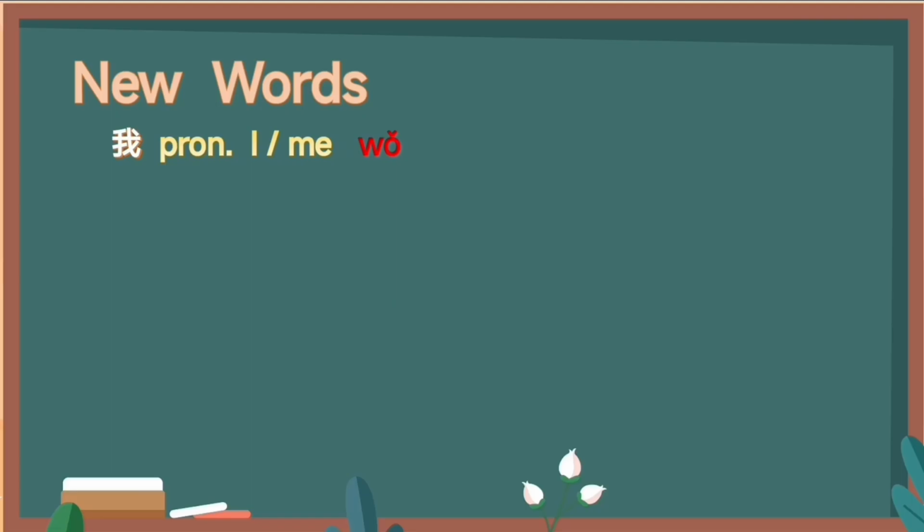我 I or me. As there is no different form in personal pronouns, whether they are used as subjects or object, 我 can mean both I and me in writing and pronunciation. 妈妈 mom or mother.